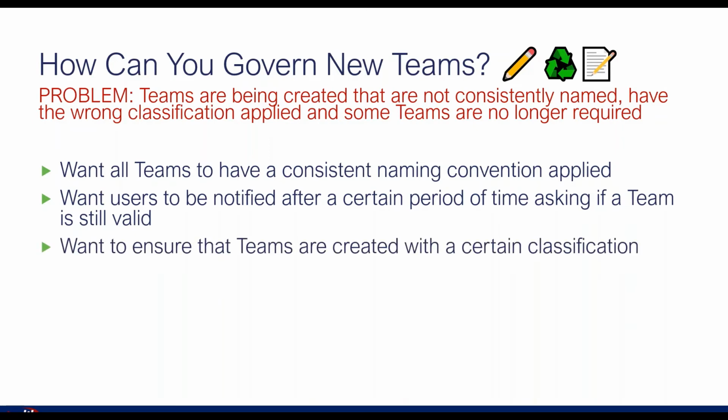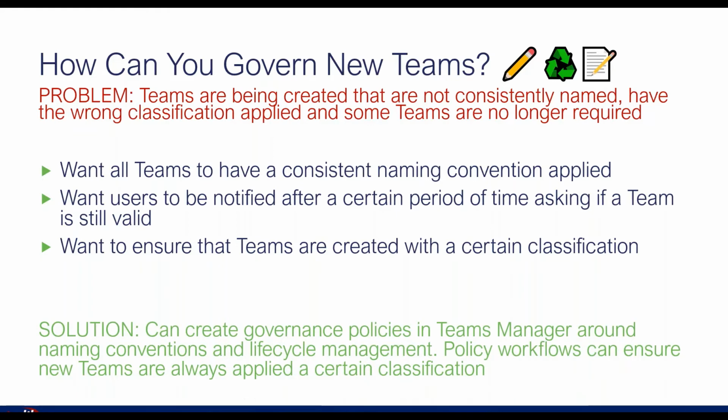And you want to ensure that teams are created with a certain classification. And the solution is that within Teams Manager, you can create governance policies, mainly around naming conventions and lifecycle management. And then you create policy workflows which bring in naming conventions and the lifecycle management to ensure that those policies take effect when you create new teams.